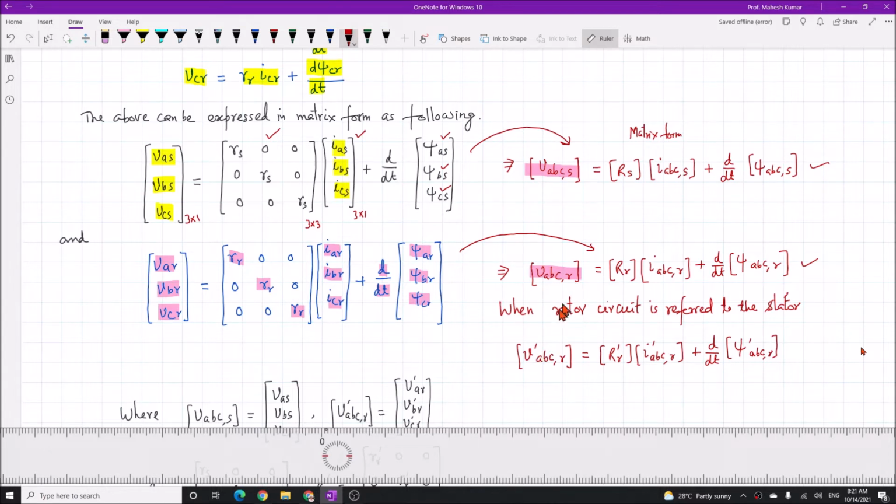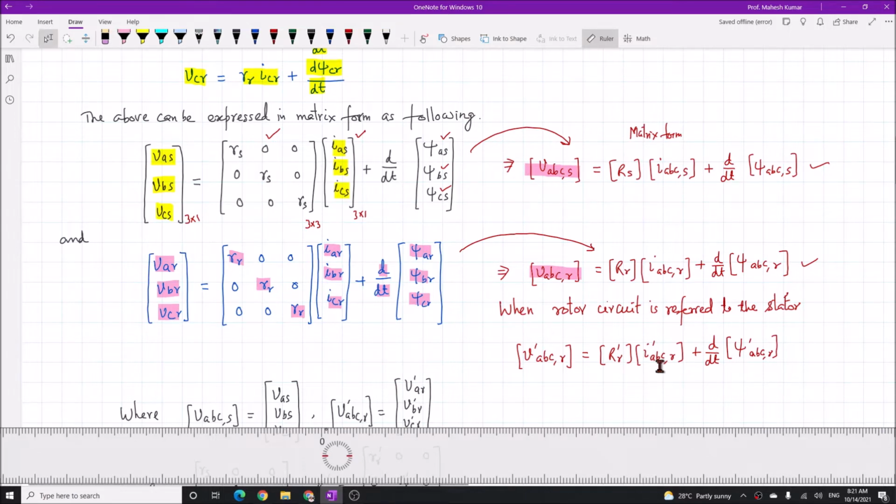So VABCR becomes V dash ABCR equals R dash R into I dash ABCR plus d by dt of psi dash ABCR. So dash or prime superscript denotes the rotor quantities are being referred to the stator side.